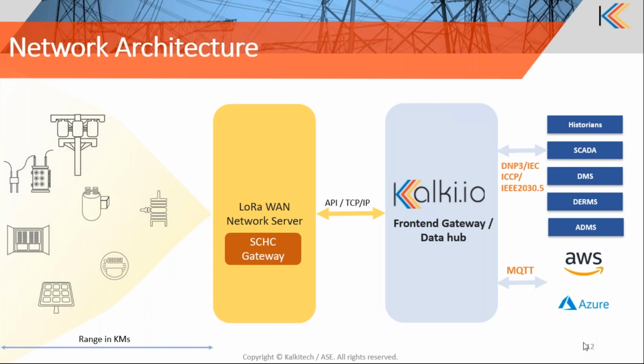Kalki.io takes care of the latency and the timeouts on the LoRa network, and SCADA will have its own communication link with Kalki.io over DNP3 or IEC or ICCP. So SCADA will communicate normally with Kalki.io, but Kalki.io will take care of the timeout and the latency of the LoRa network.